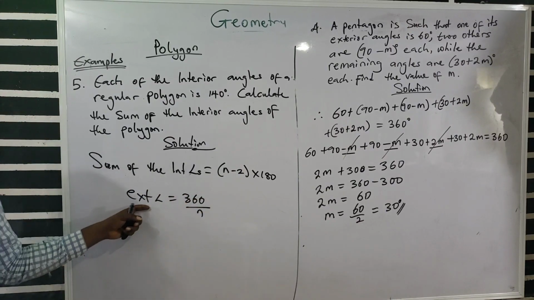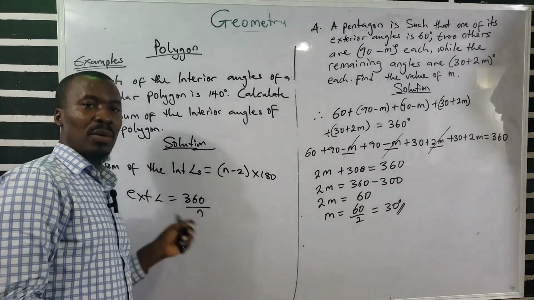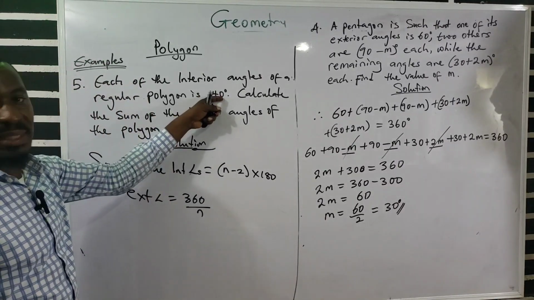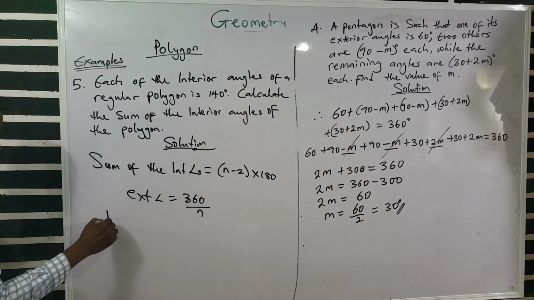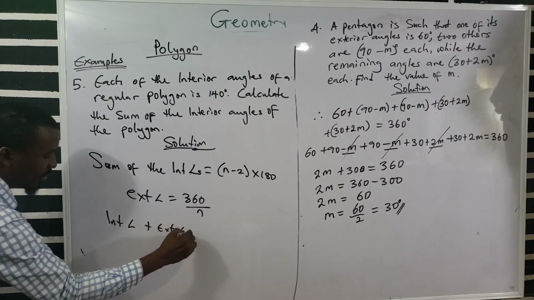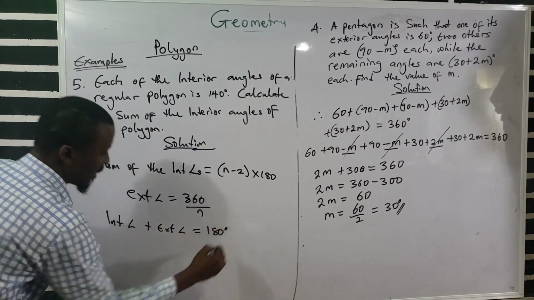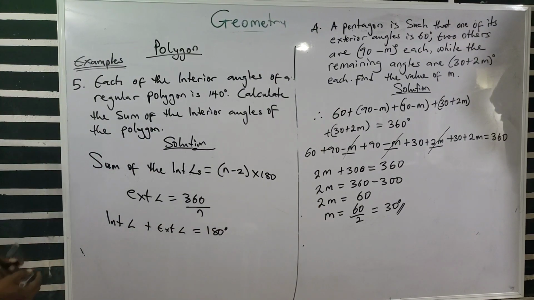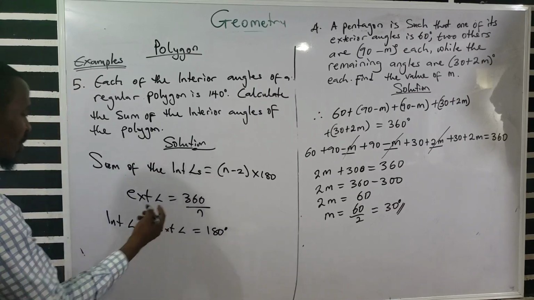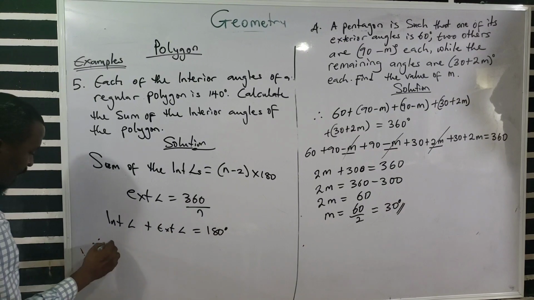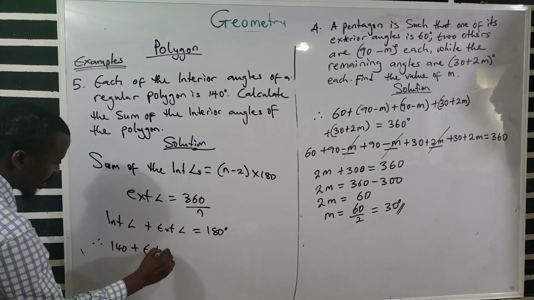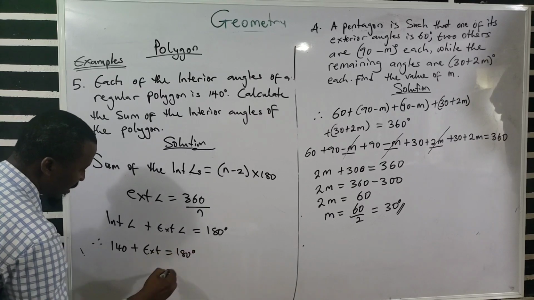But remember, we don't have the exterior angle. And also remember, you can find the exterior angle using the interior angle. The formula is: interior angle plus exterior angle equals 180 degrees. So with this, we can find our exterior angle. Therefore, 140 degrees plus exterior angle gives us 180 degrees.